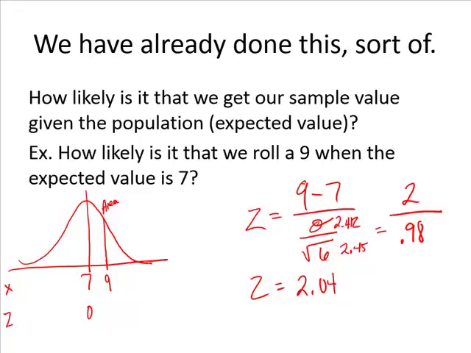I do what? Somebody pull out their chart. What is the area of the curve for a z-score of 2.04? 0.9793.